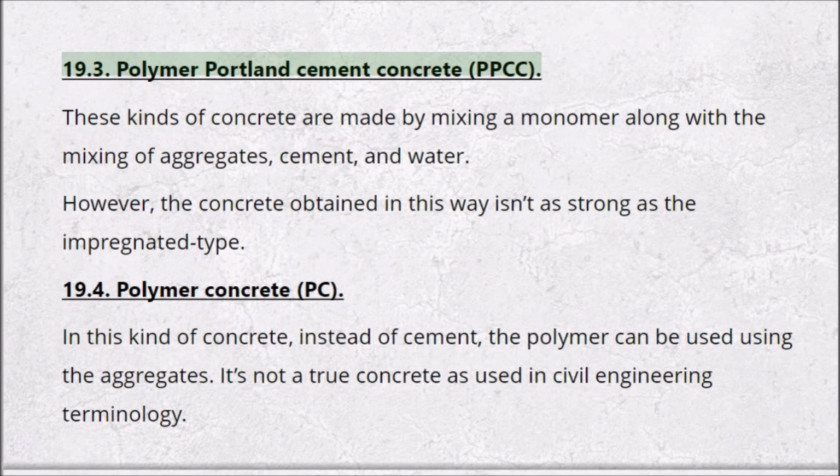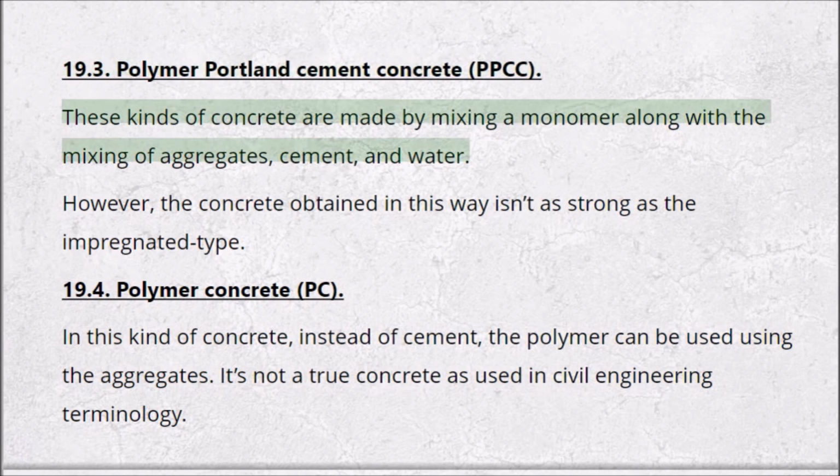19.3 Polymer Portland cement concrete, PPCC. This kind of concrete is made by mixing a monomer along with the aggregates, cement, and water.